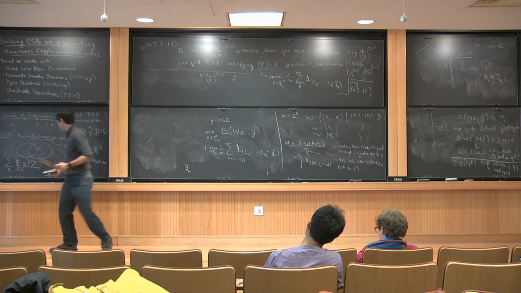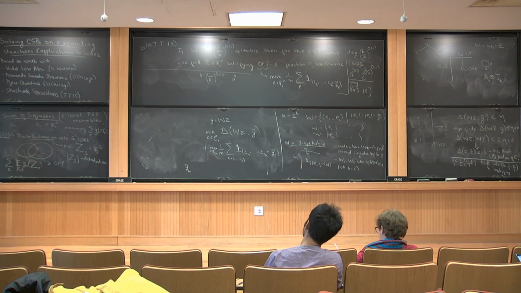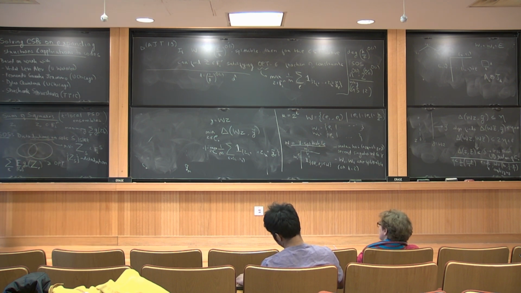In fact, this is what I'll think of as the SDP solution. I'm not even going to talk of any other object. So we solve the SDP. We are given this.